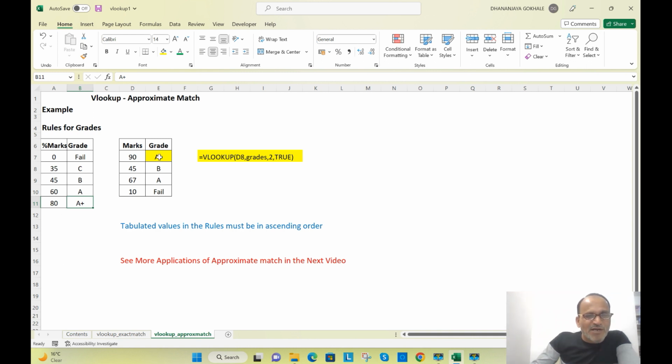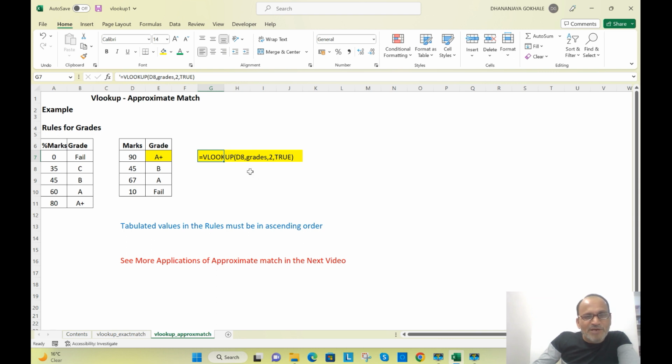Here is the formula entered in the yellow cell, as you can see. What is the formula? Here it is equal to VLOOKUP. And what is the lookup value? Because we are trying to find the grade for these marks, 90, right? What is that cell? So we are trying to find the value for this.